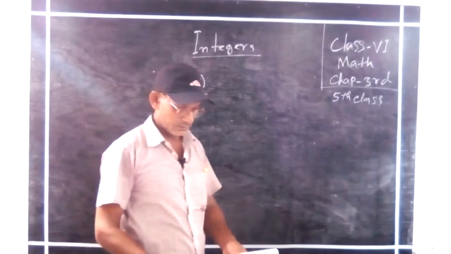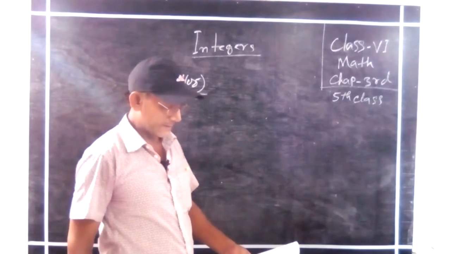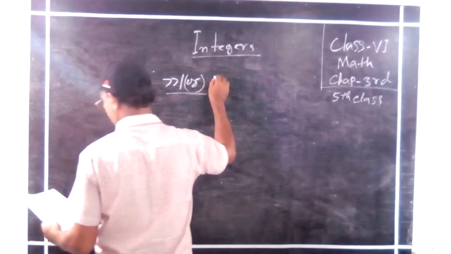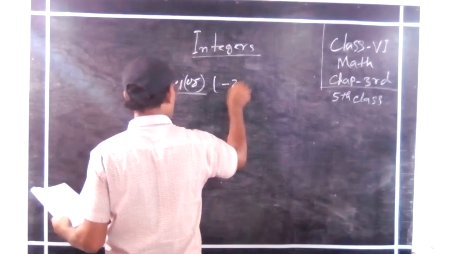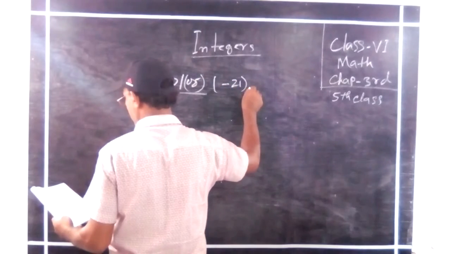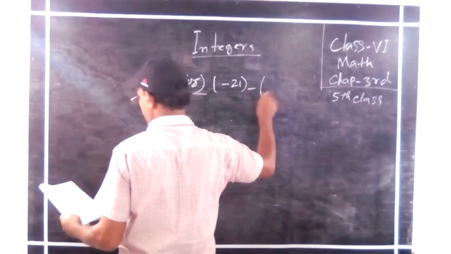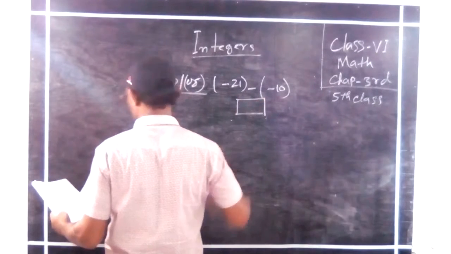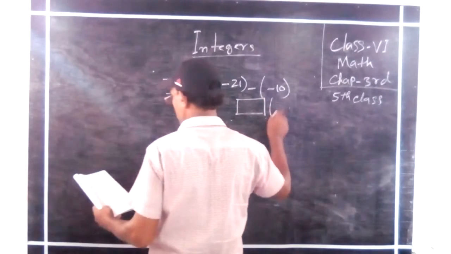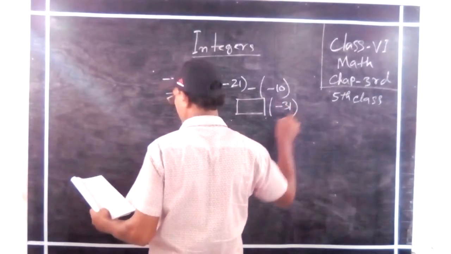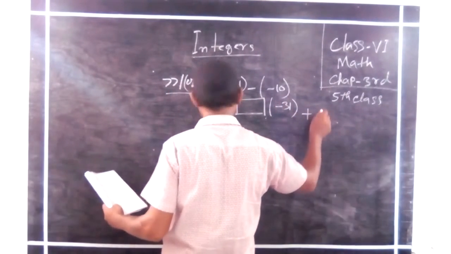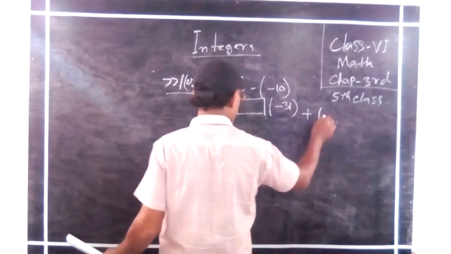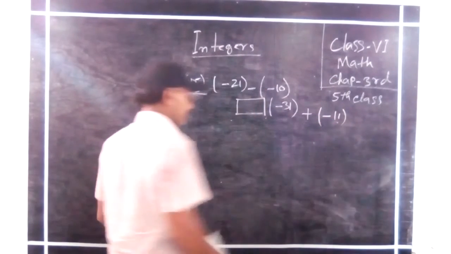What is the number? Here it is. Opening first bracket, minus 21, first bracket close, minus, opening first bracket, minus 10, empty cell, and opening first bracket minus 31, first bracket close, plus opening first bracket minus 11, first bracket close.